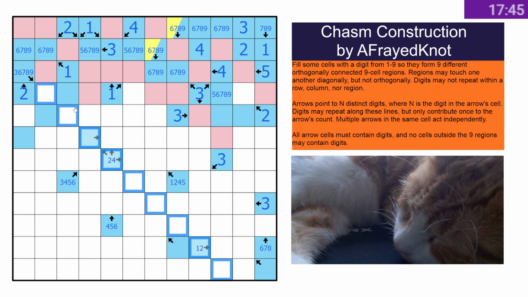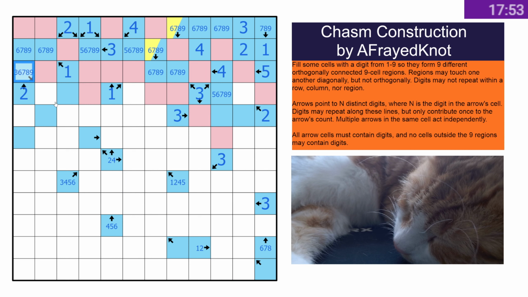If that were a 9, it breaks that cell. Oh no, wait, if that's 9, it just breaks because of the 3s. So that's interesting. If that's not 3, then at least one of these is pink. Because otherwise you get that region, and then that would need to be a 3.